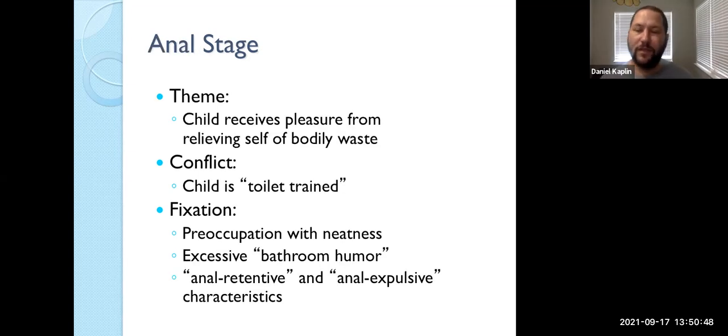So now you move to the anal stage. The anal stage is stage number 2, and this is roughly 18 months to 3 years. Freud said pleasure surrounds the anus, which is your primary source of pleasure at this point: getting rid of bodily waste, going to the bathroom.